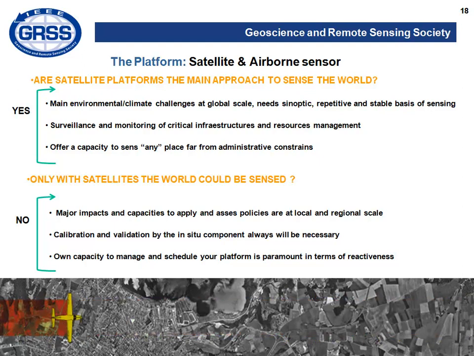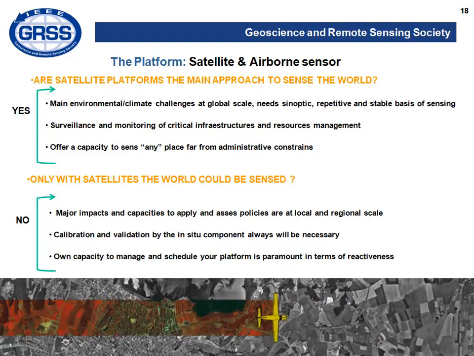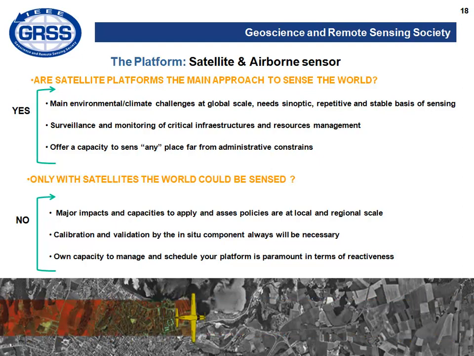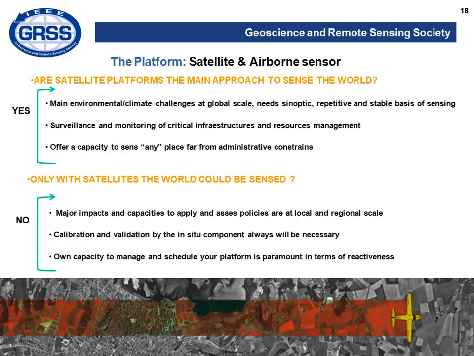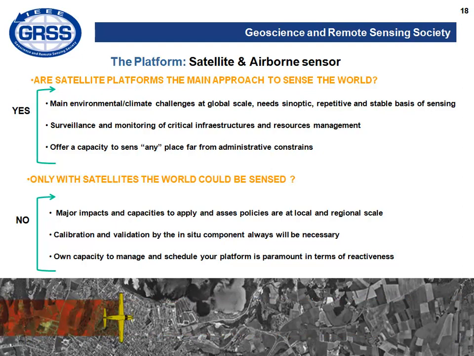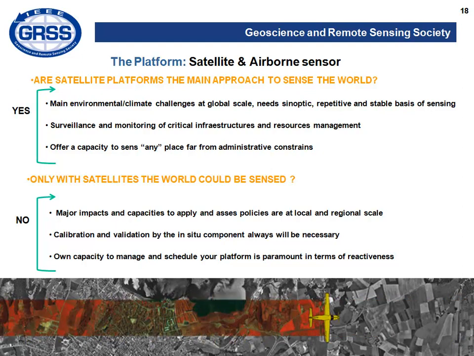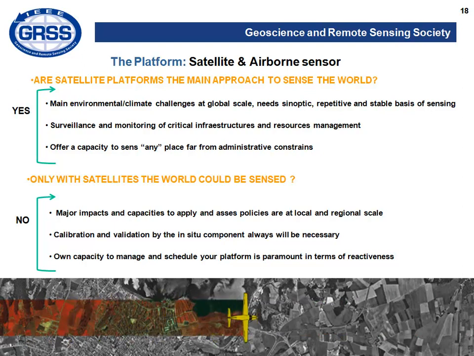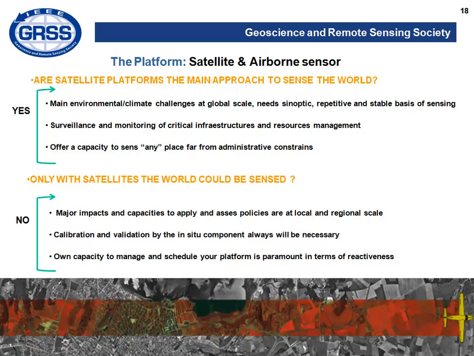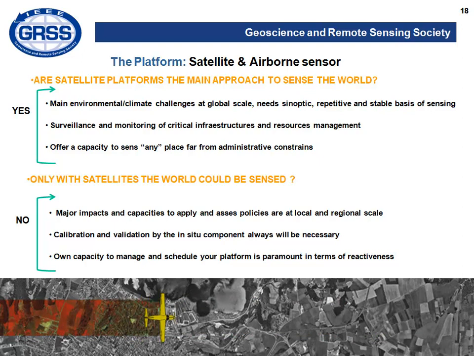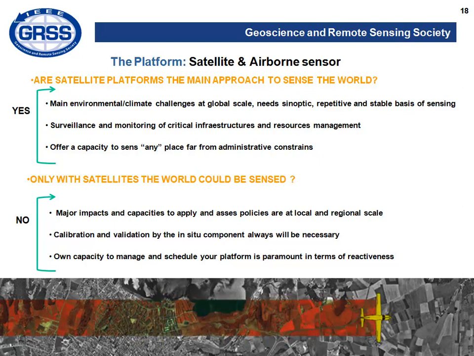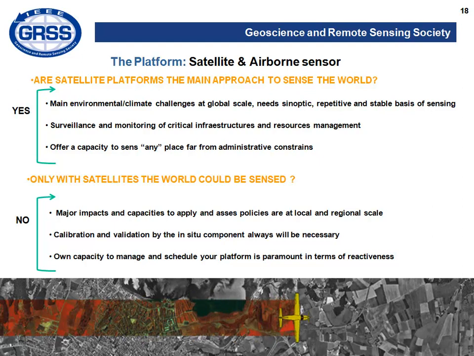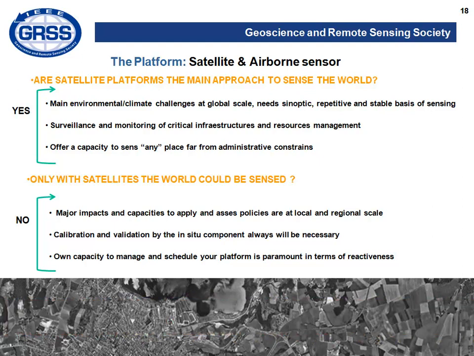Are satellite platforms the main approach to sense the world? Maybe the answer is yes, because the main environmental and climate challenges are at global scales, so they need a synoptic, repetitive, and stable basis of sensing, and orbits are a very stable, repetitive, and synoptic approach.